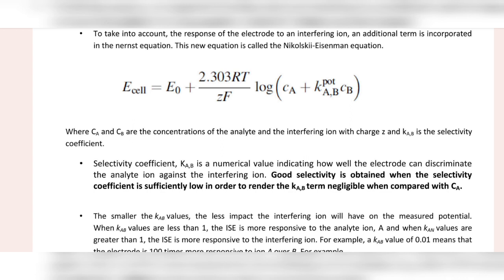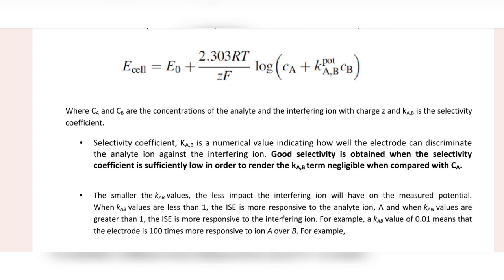What happens if the Kab value is very small, maybe 0.0001? Then we can neglect the Cb part, and the total consists only of Ca. When compared to Ca, the Cb part, the interfering ion part, we can neglect.